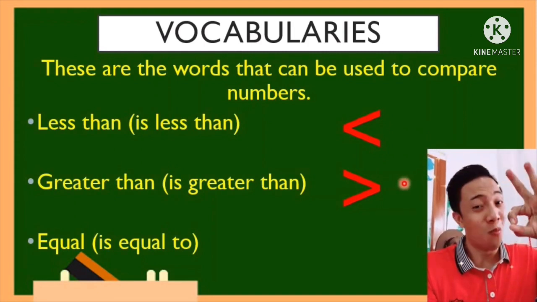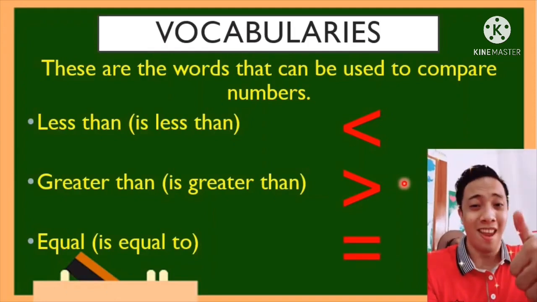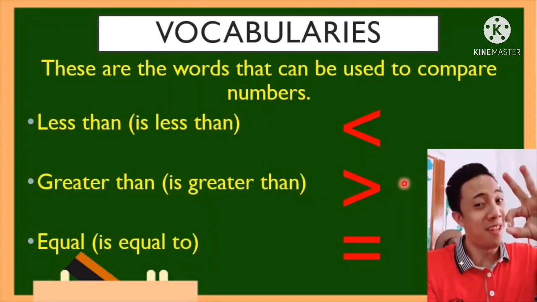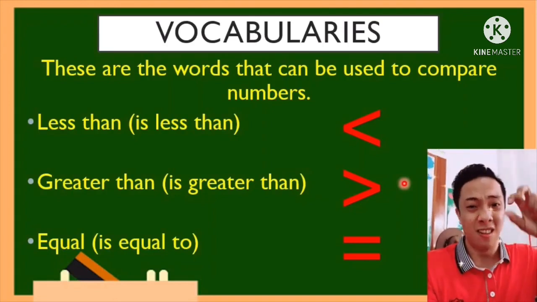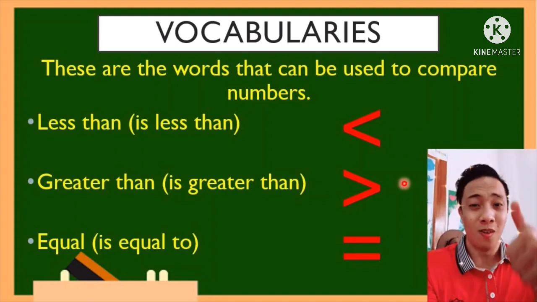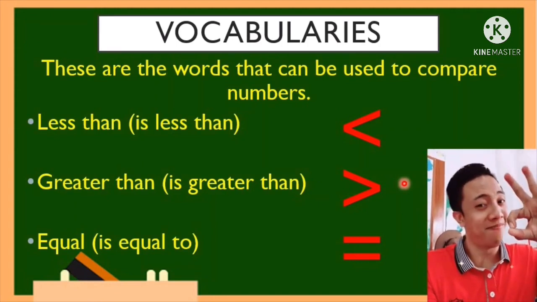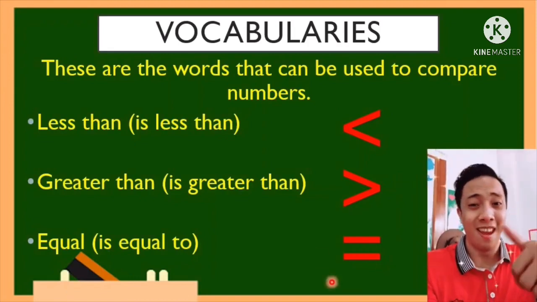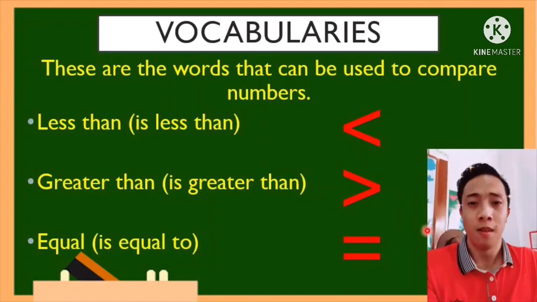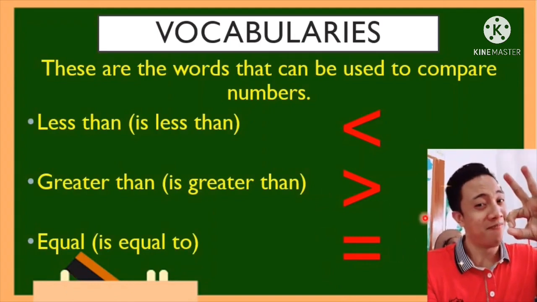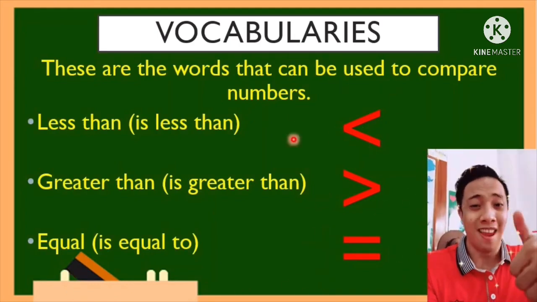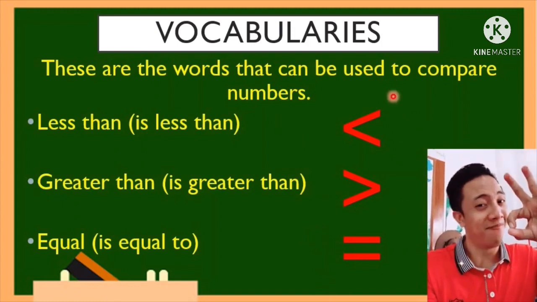And for equal sign or symbol, just remember it has two horizontal parallel lines. That is for equal. Remember these three symbols, alright? So, what are the use of these three? They are used to compare numbers, alright?